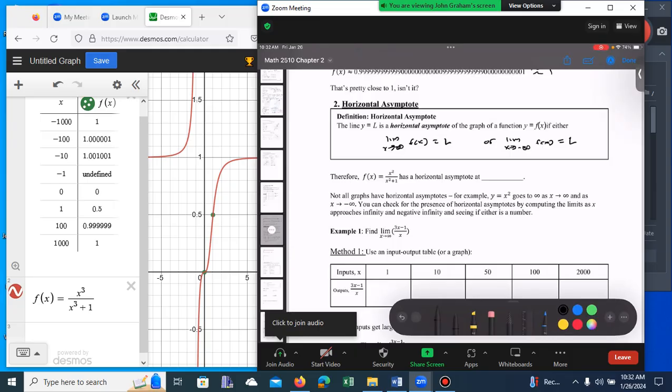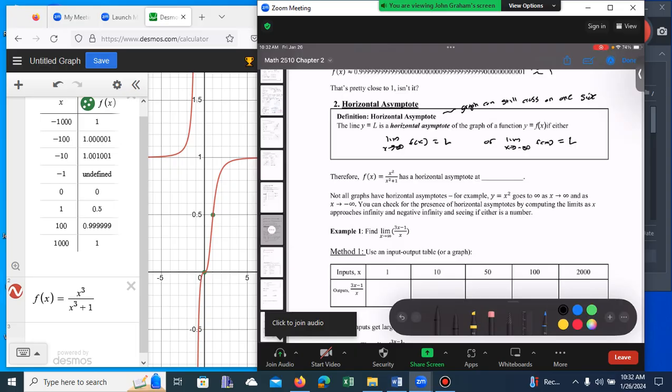One of the things with horizontal asymptotes is the graph can still cross on one side of the asymptote. Okay, so maybe only one side goes to L. Maybe they both do. Maybe one side crosses, and that's why we don't see it.